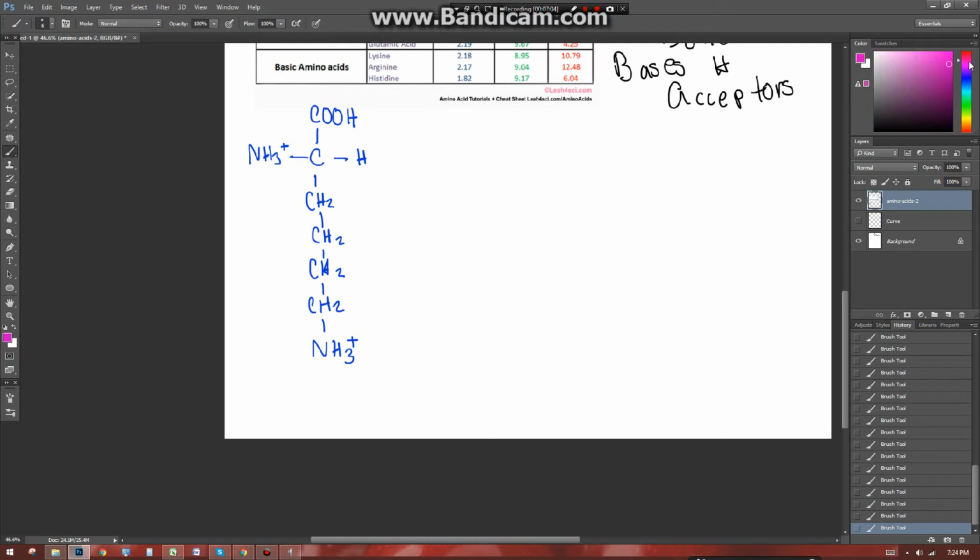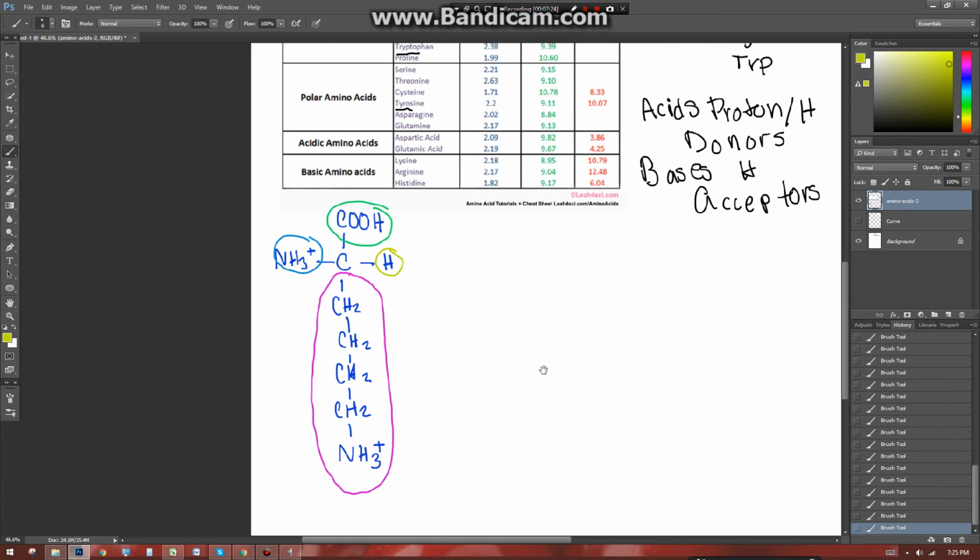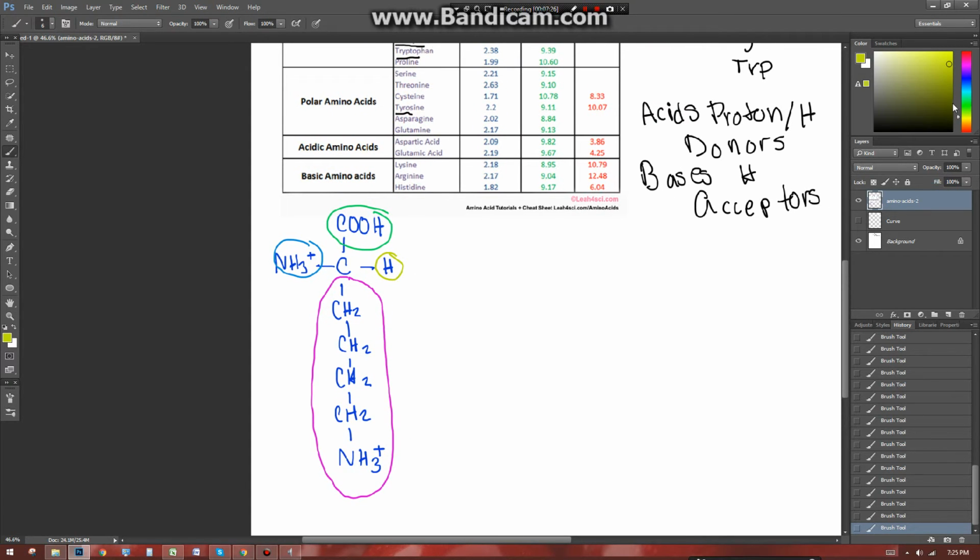Let me circle the R group. This is the amine group. This is the carboxylic acid group. And this is the alpha hydrogen. But you don't need to worry about the alpha hydrogen. That one doesn't really do anything. It just sits there.